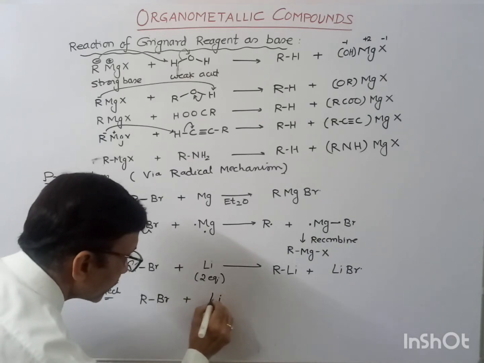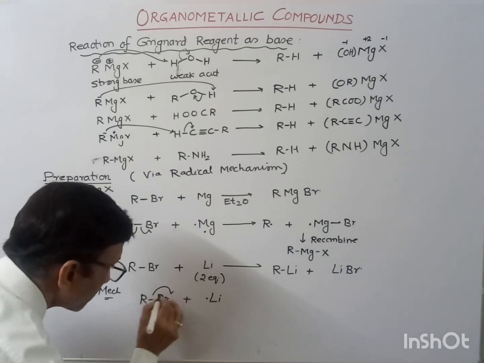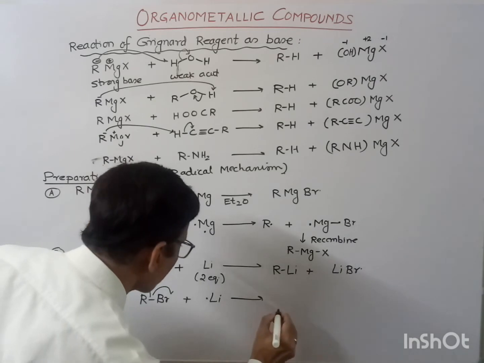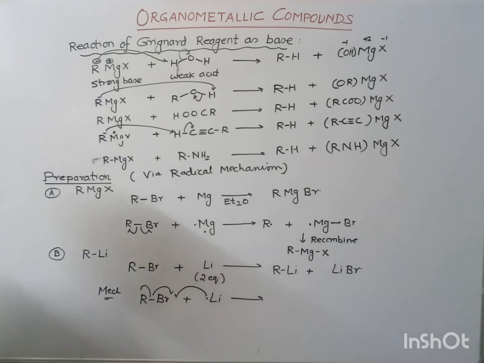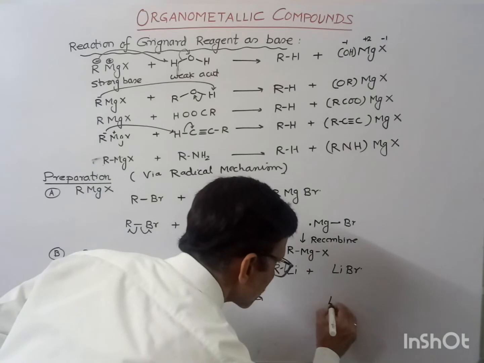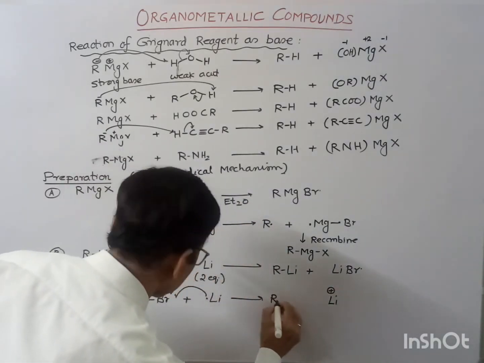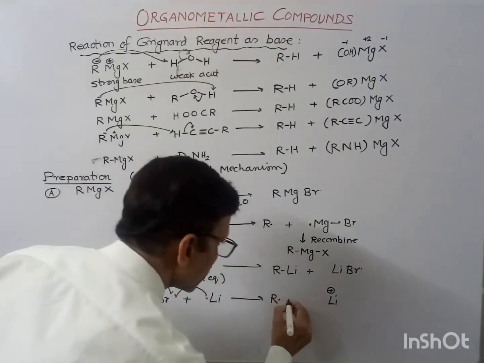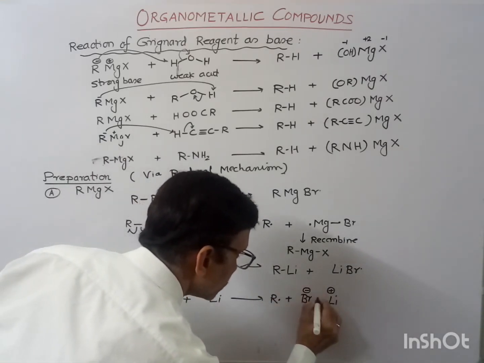So lithium having one outermost electron, this lithium will transfer its electron completely, and that's why it now has a positive charge over here, and here an alkyl radical is formed, and here the bromide ion is formed.